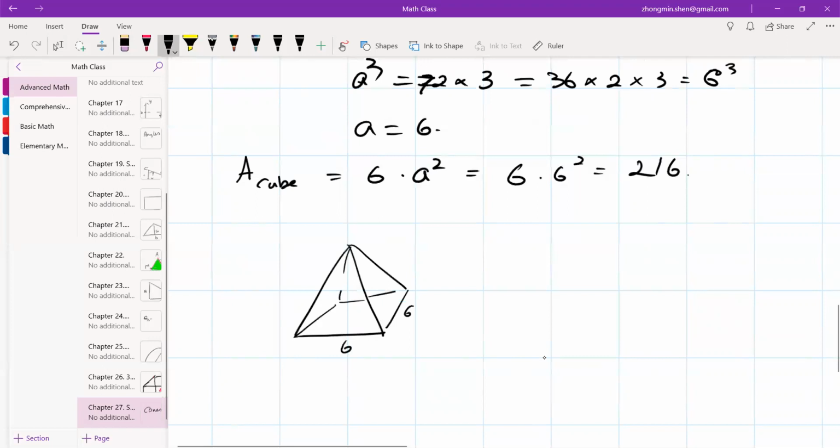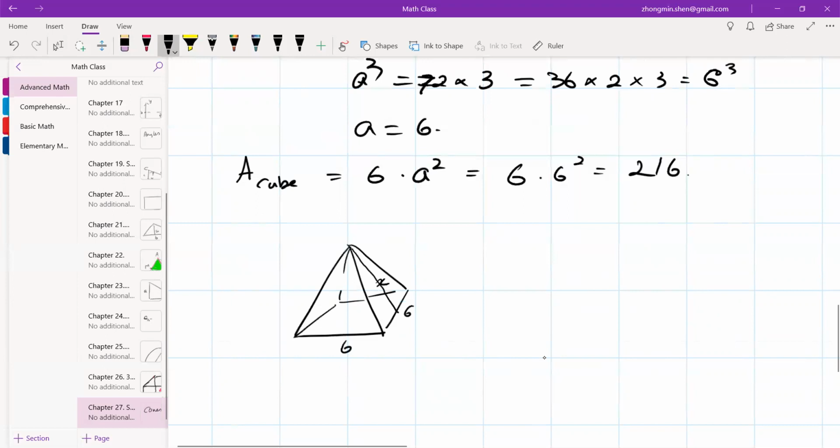So how do you do that? Well, you just need to find this x. This is called the slant height of the triangle.